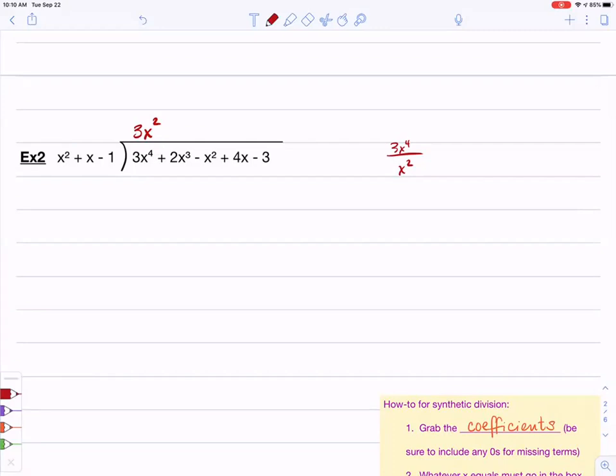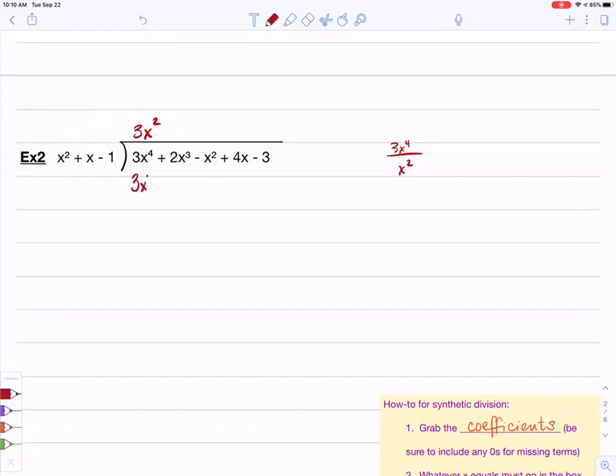Okay, so what's the next step then? Abigail, what's the next step? Okay, so I got to take the guy that I just found, the 3x squared on top, and what am I multiplying by, Abigail? You're multiplying all the way through. Good job. I got to multiply every term on the outside. So the first thing I'll do is I'm going to take 3x squared times x squared, and I get what?